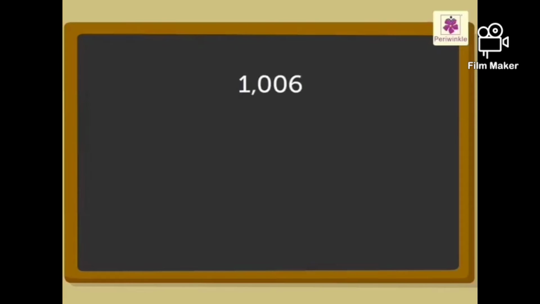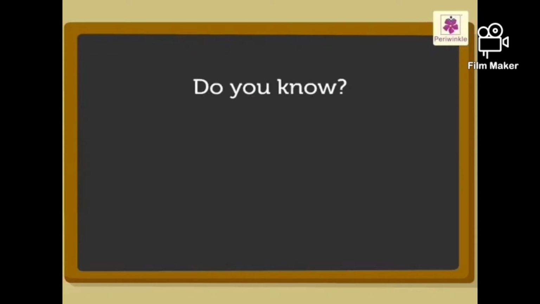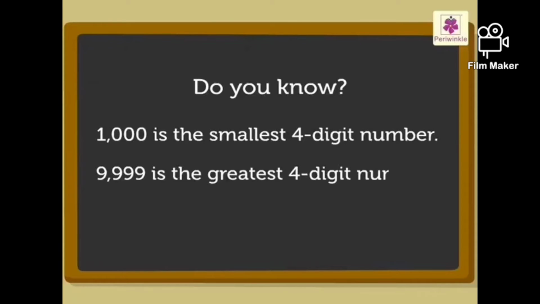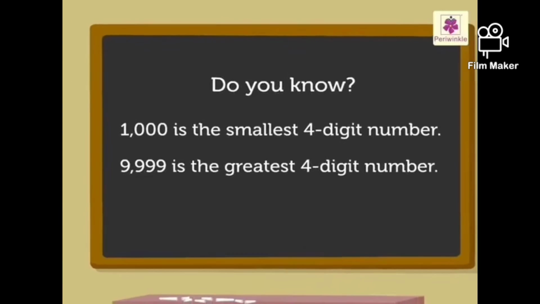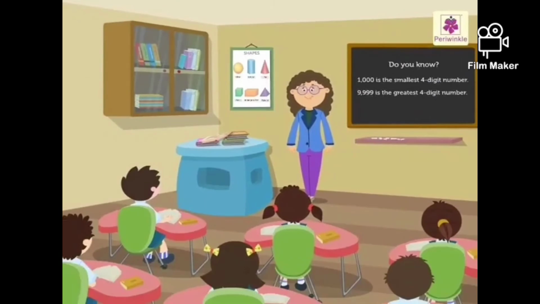How will we read the number with the digits 1, 0, 0, 6? We read it as 1006. Do you know 1000 is the smallest 4-digit number? 9999 is the greatest 4-digit number. Wow! Wasn't it easy to read and write 4-digit numbers?